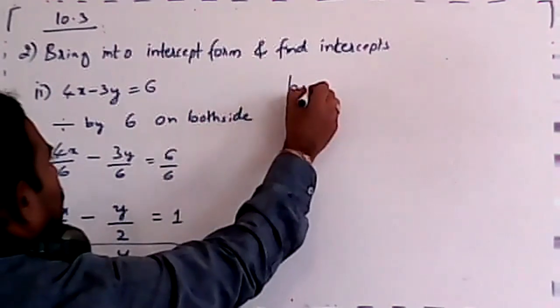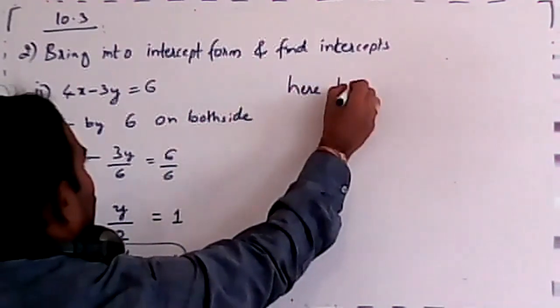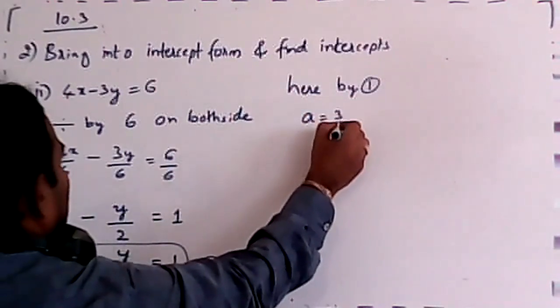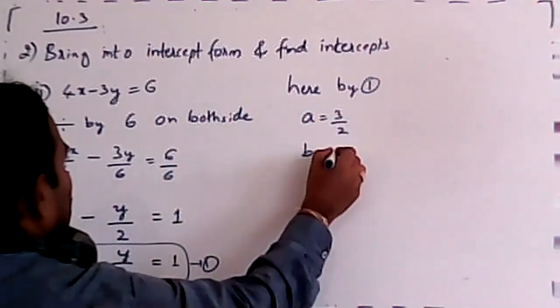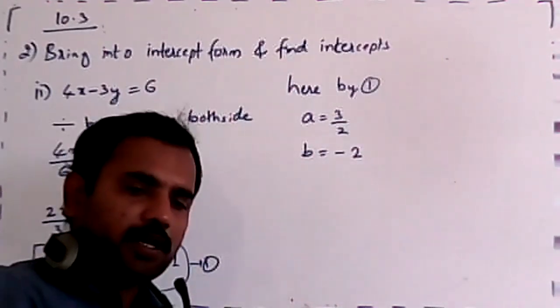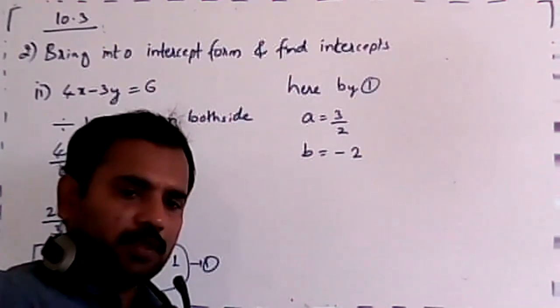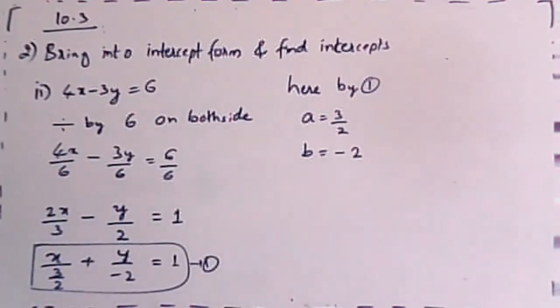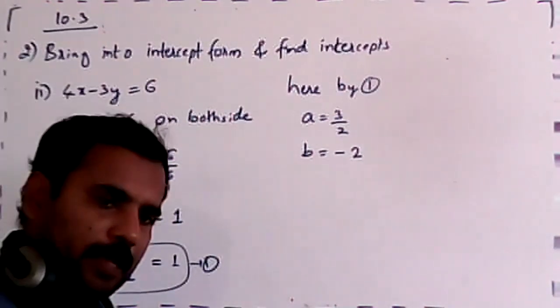Here a is equal to 3 by 2, b is equal to minus 2, right? The y intercept is minus 2, and the x intercept is 3 by 2. Correct? Understanding?